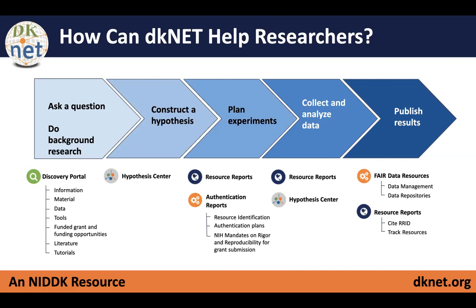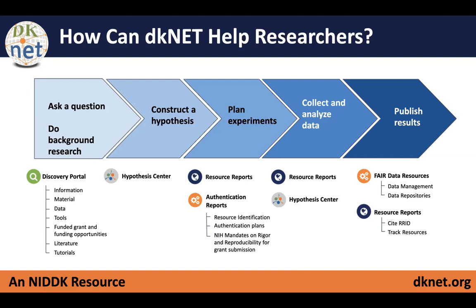When one is then planning an experiment based on hypotheses, our resource reports, which provide information on specific resources such as antibodies, tools, and organisms, can be used to help a researcher make a more informed decision about what resources to use.